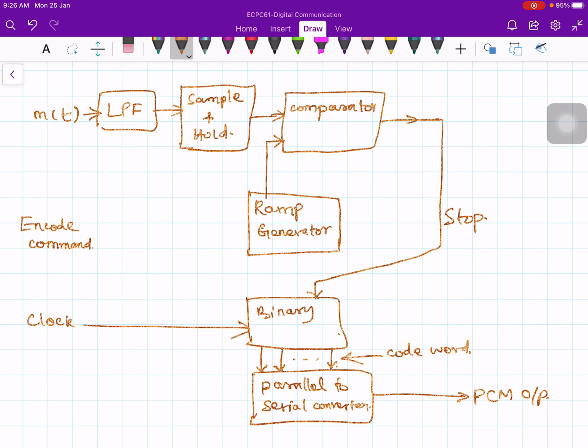And the encode command is given to the ramp generator, and the same clock is given to the sample and hold circuit. Then here you give the transmit command. That's it.